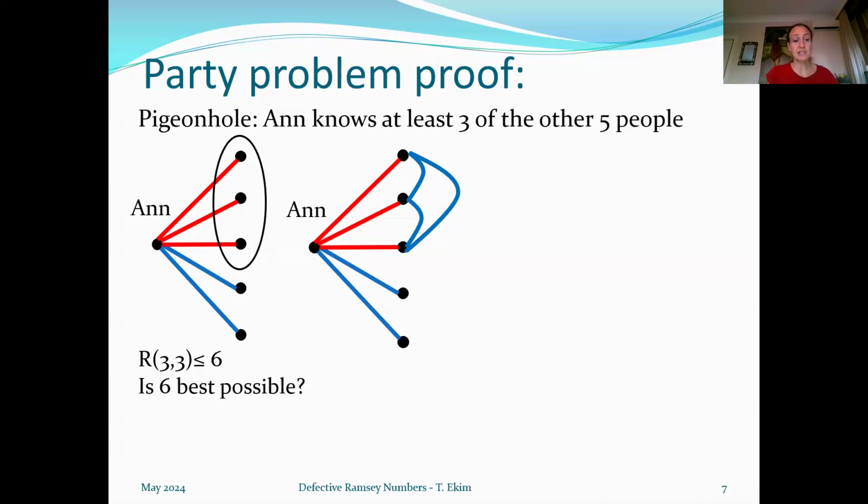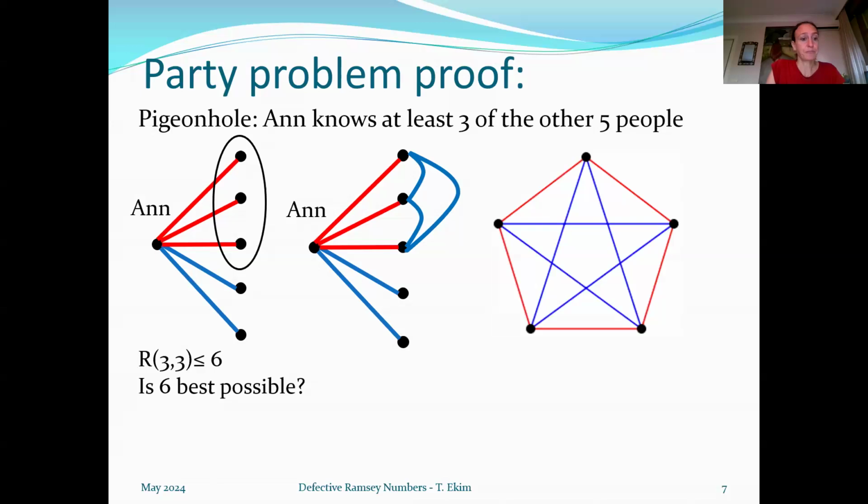Well, the question is, is 6 best possible? If it works with 6 people, of course, if you have more people, it will be even easier to find a red or blue triangle, right? But what if I have less than 6 people?